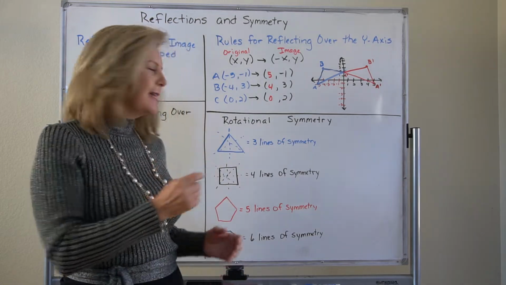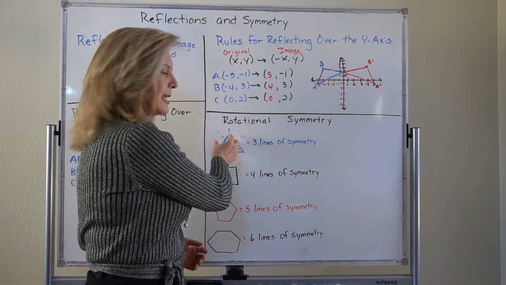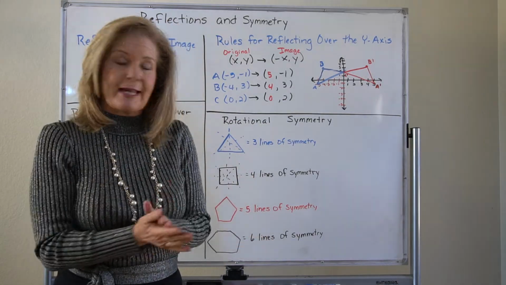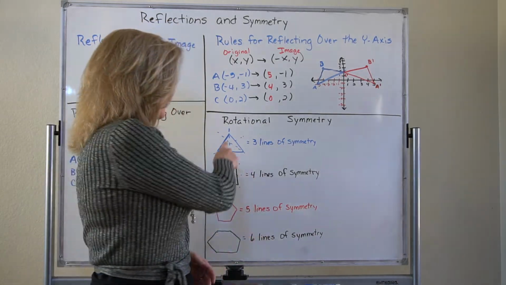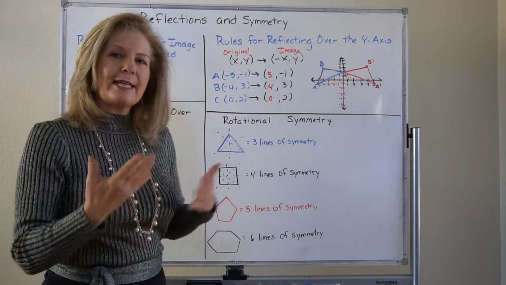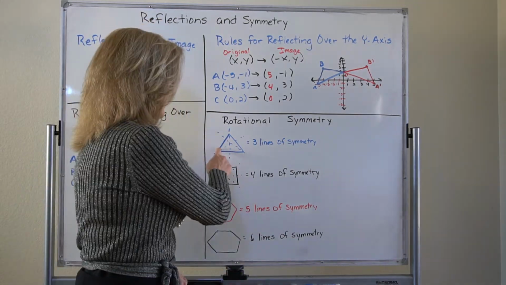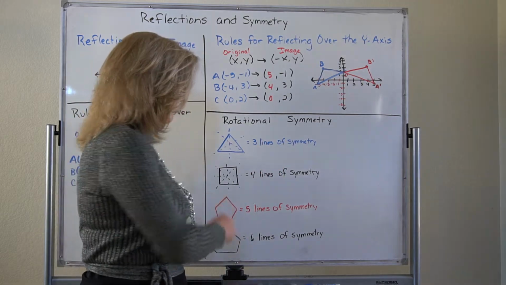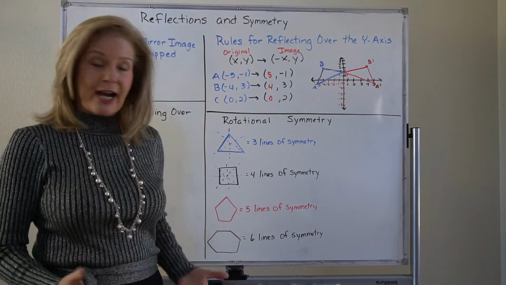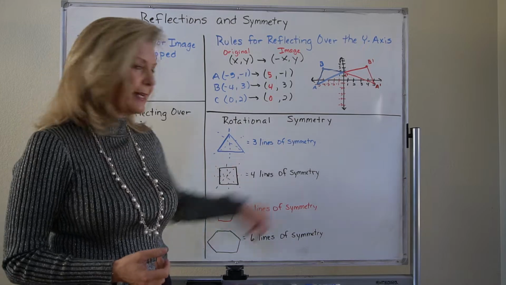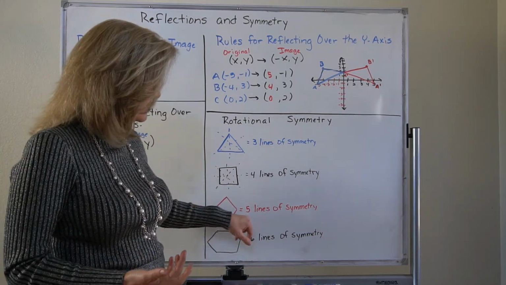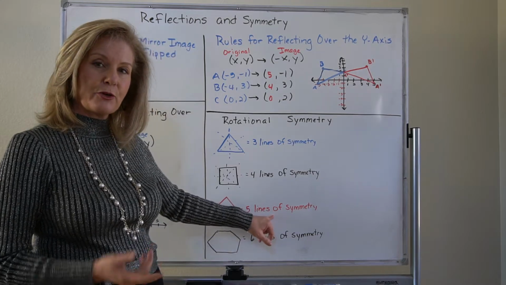The reason why is because every time we turn the object, it's exactly the same as what it looked like before the turn. So if I have a regular triangle, it has 3 angles, therefore 3 lines of symmetry. If I have a regular square, 4 angles, 4 lines of symmetry. A regular pentagon, 5 angles, therefore 5 lines of symmetry.